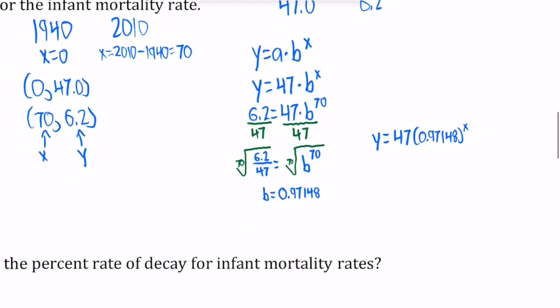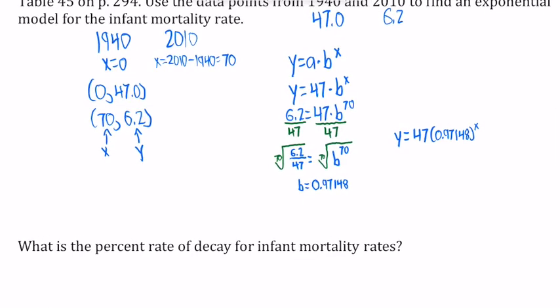So our next question, keeping that model in mind, it says, what is the percent rate of decay for infant mortality rates? Now remember, our multiplier is 1 plus or minus our percent rate change. So here we can say 1 minus that percent rate is 0.97148. Or another way of saying it is our rate is 1 minus 0.97148.